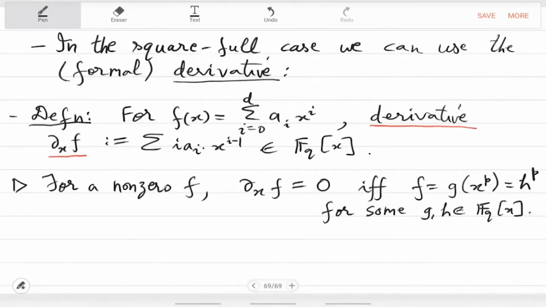Okay, so one side is clear. If f is a function of x to the p, when you apply the derivative operator, since p divides every i, the derivative will vanish.